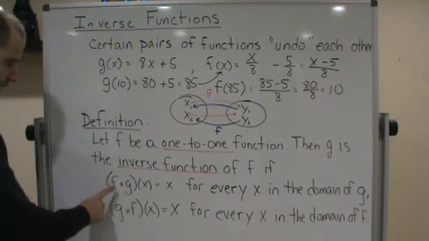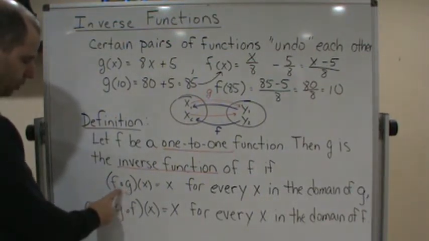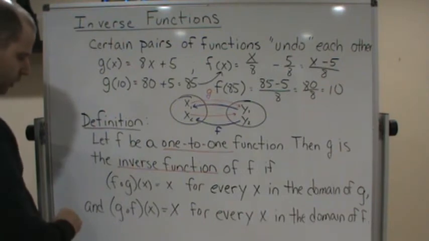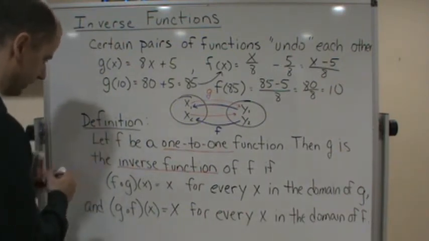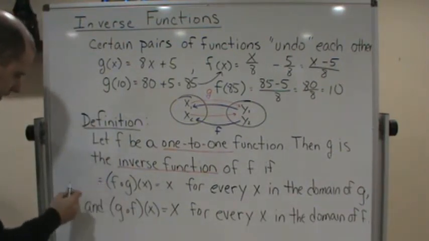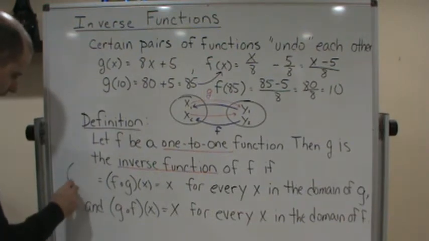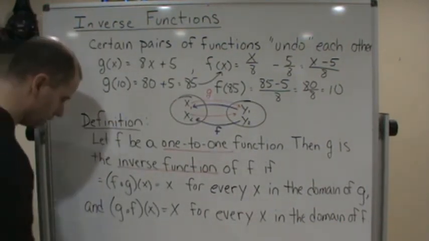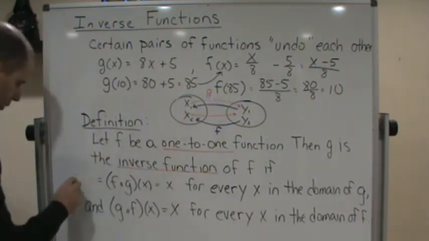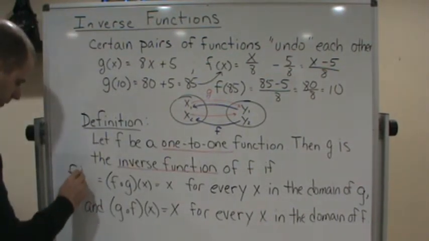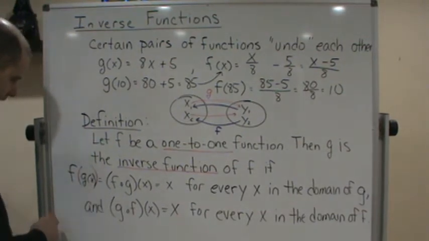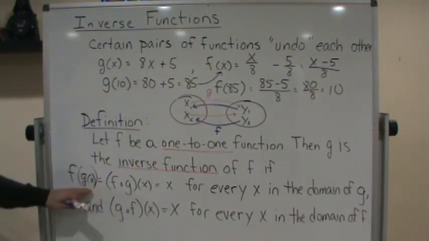What are the conditions? If we compose the two functions, f circle g, so f of g of x, we're basically putting g inside of f.